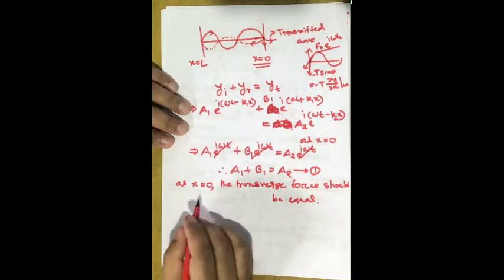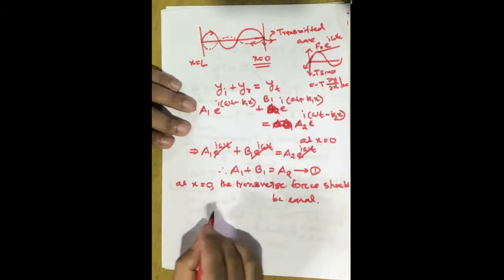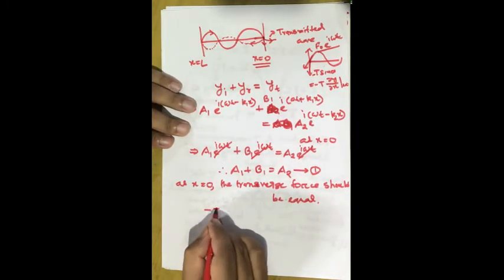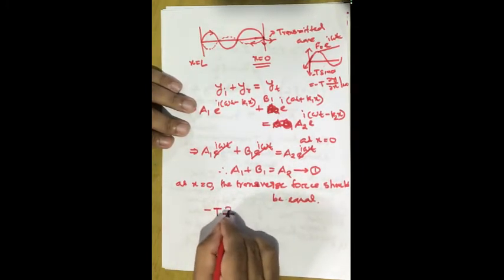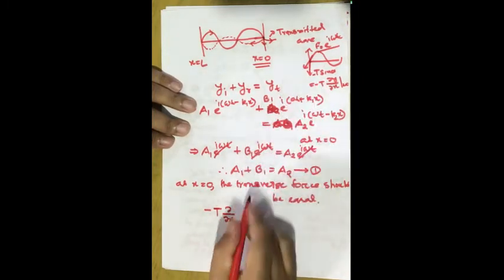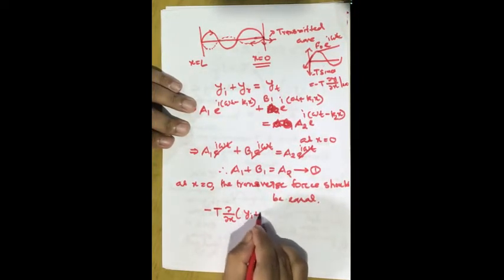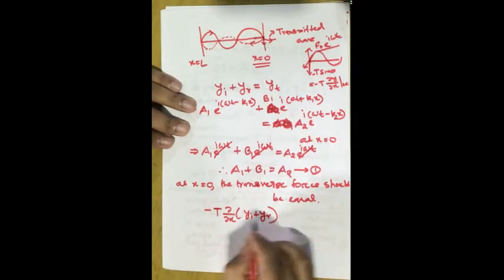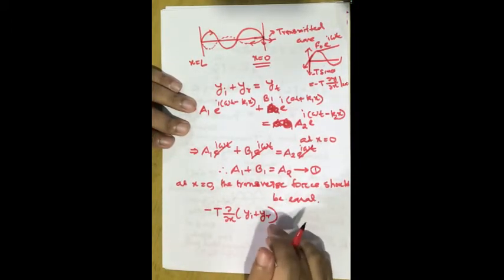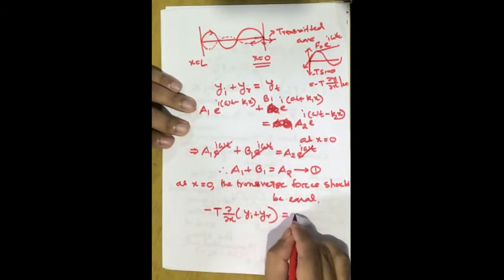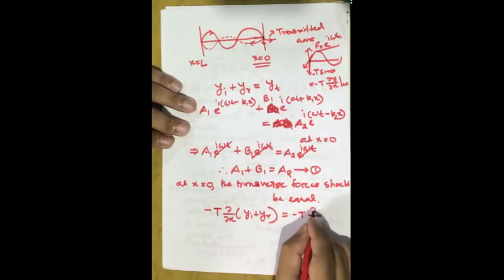Okay, so what we can write, if we equate the transverse force in both directions, then T into del by del x, in this case y will be our incident plus reflected wave. So minus T del by del x, yi plus yr should be equal to minus T del by del x into yt.